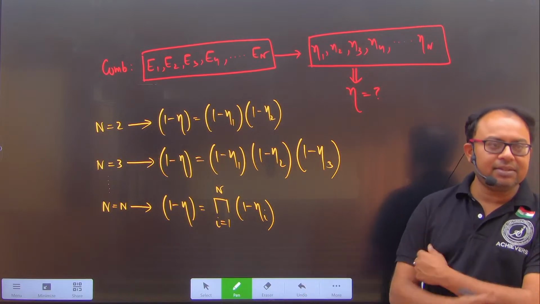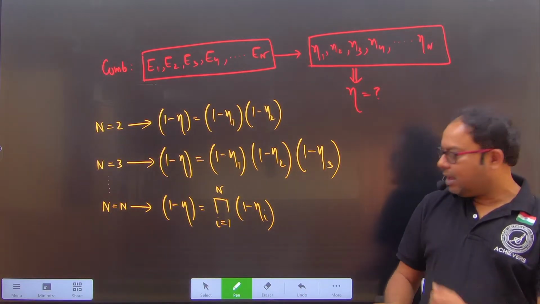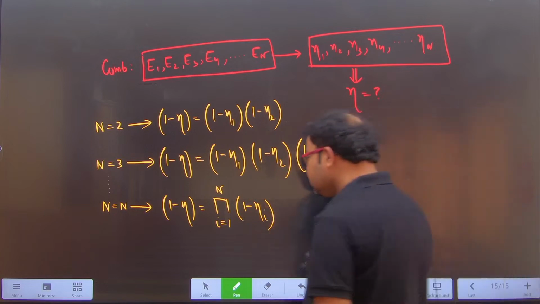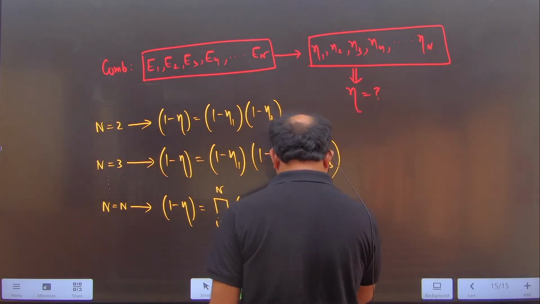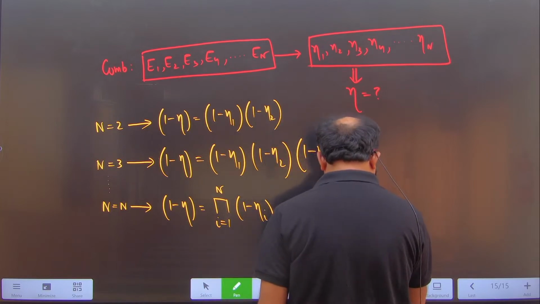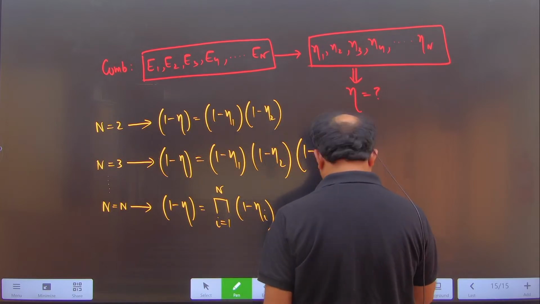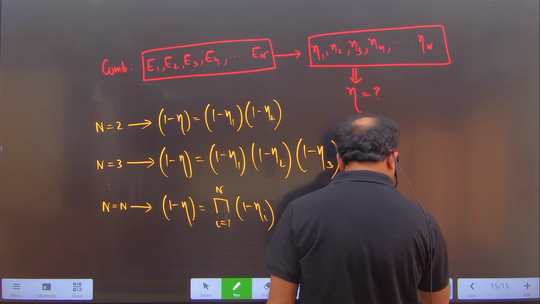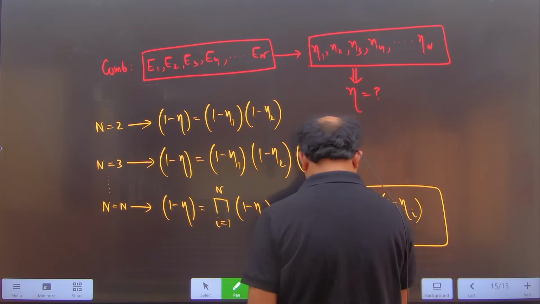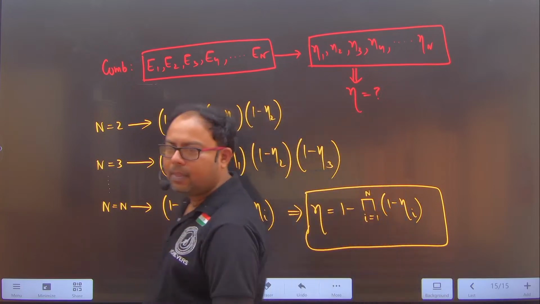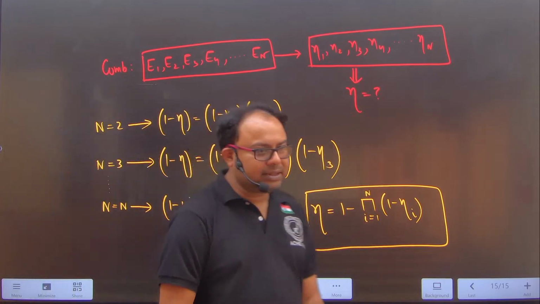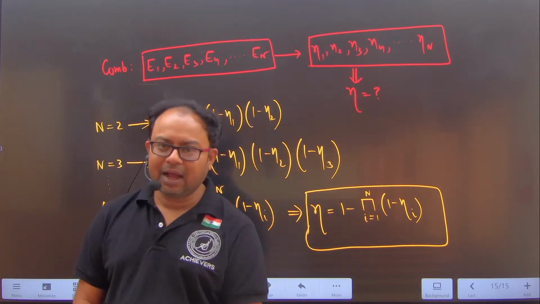It's a multiplication series, and this i ranges from 1 to n. So the expression of eta will become 1 minus pi i equal to 1 to n, 1 minus eta i. So this is going to be the expression of eta.